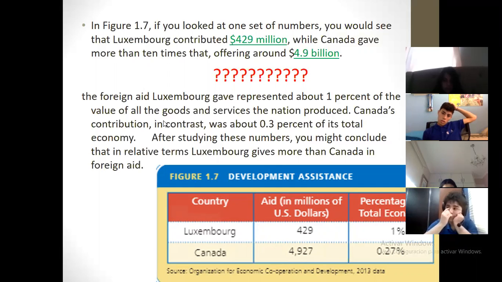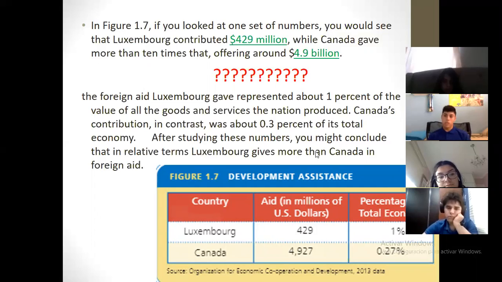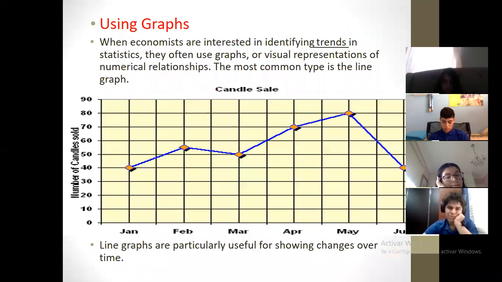While Canada's contribution, in contrast, was about 0.3%, like 0.27 if rounded, so almost 0.3% of its total economy. After studying this number, you might conclude that in relative terms, Luxembourg gave more than Canada in foreign aid. Okay, that's the conclusion. Got it, guys? Understood? Yes, teacher, we understood.